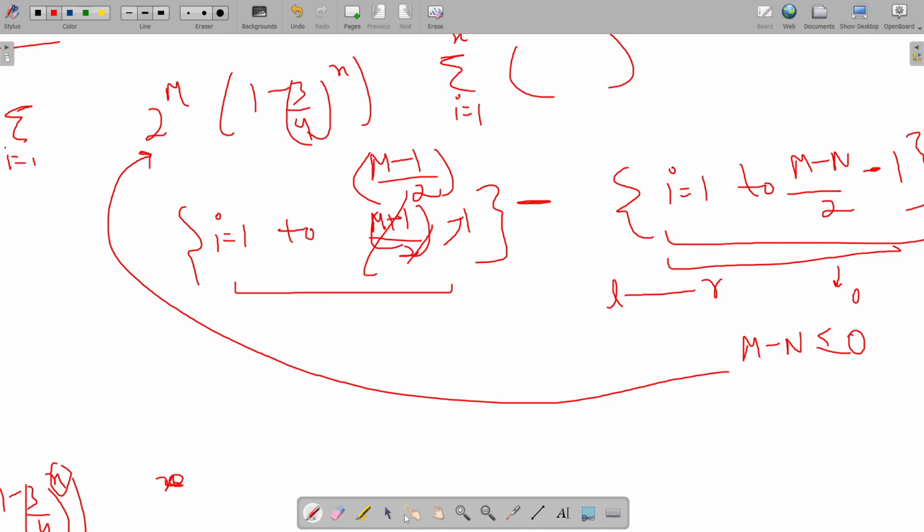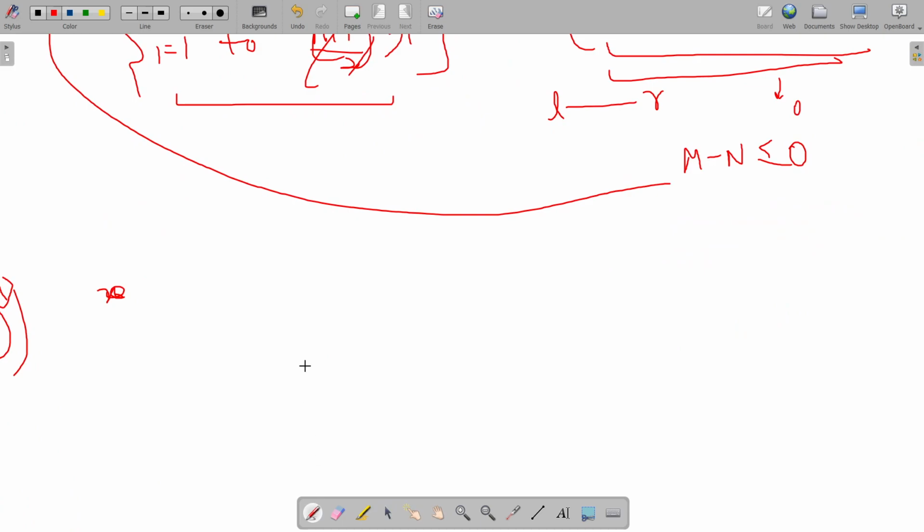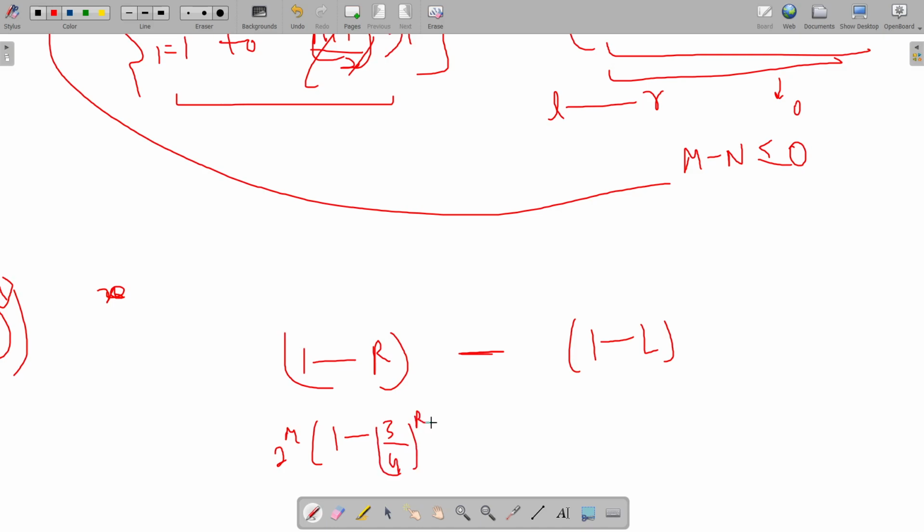In my implementation, since we were calculating the sum from 1 to r and the sum from 1 to L, this is the upper limit on x and this is the lower limit on x, and I'm subtracting them. If you look at the formula, it is 2 to the power m times (1 minus (3 by 4) to the power r), minus 2 to the power m times (1 minus (3 by 4) to the power L).